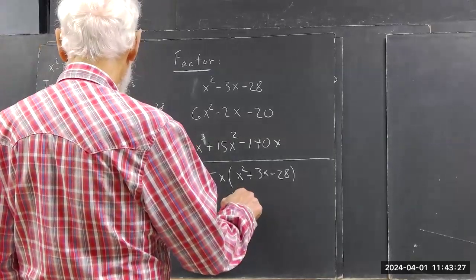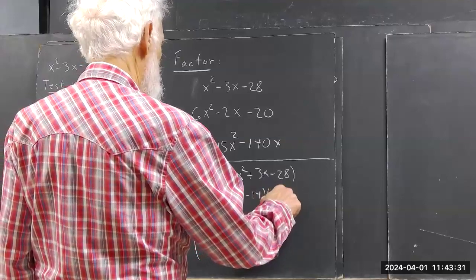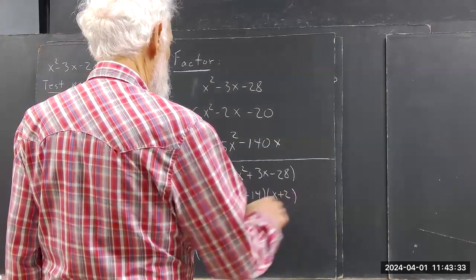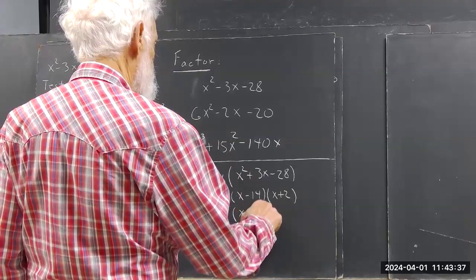I'm going to write them out in the order I did before, dismissing the one that has 28. And I could actually dismiss this one.